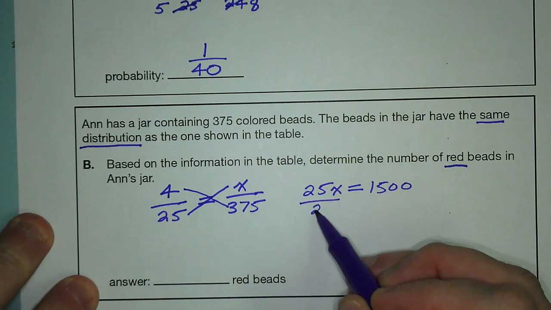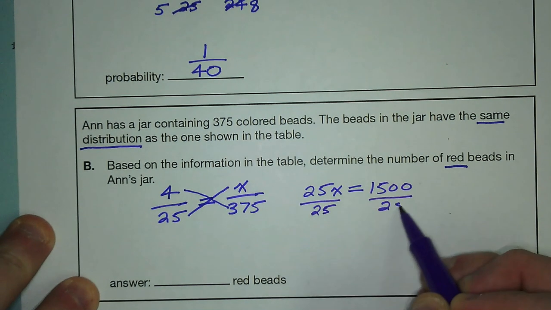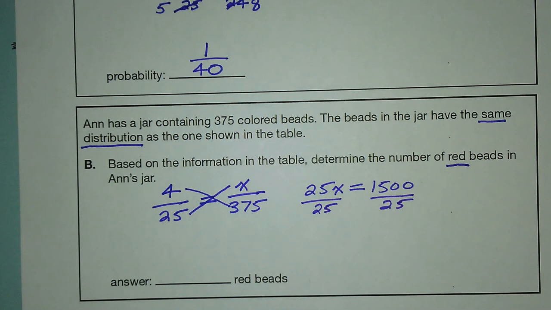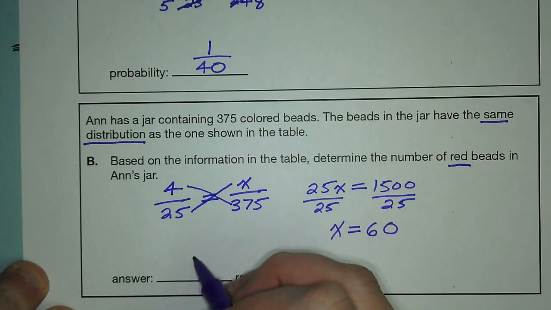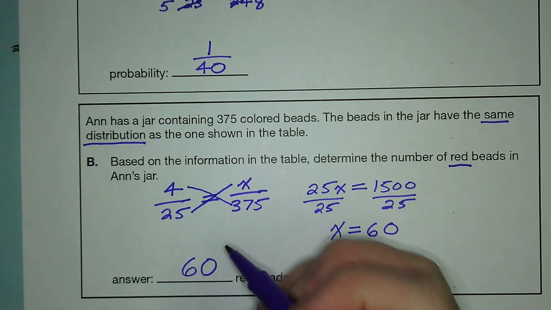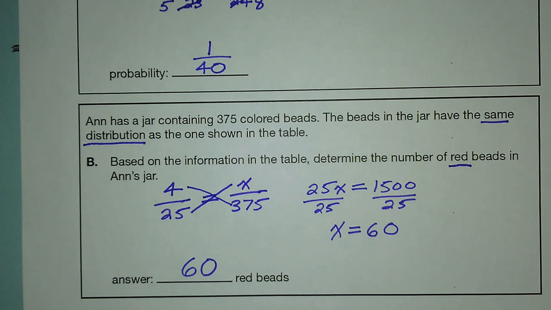And now I would just be dividing both sides by 25 to solve for x. So 1,500 on my calculator divided by 25.